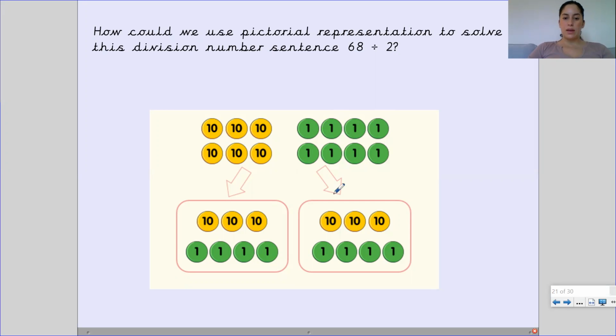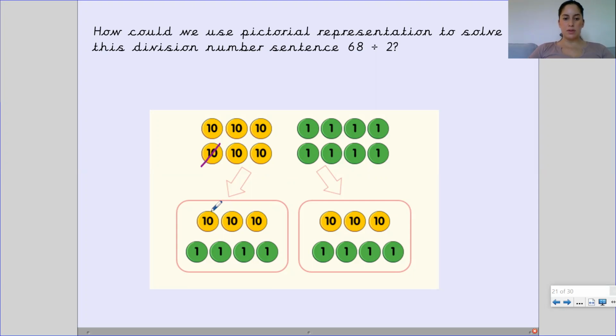So how many equal groups have we had? 2 equal groups. So how have they divided it by 2? Well, they've divided the tens in between 2 equal groups. So they've put 1 ten here and 1 ten here. I'll cross it out as we do it.